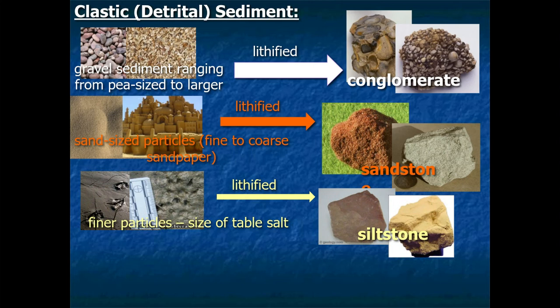Now, this is a legitimate test that sedimentologists do to distinguish the difference between a siltstone versus a sandstone. In a siltstone, it's very hard to see the grains with an unaided eye.